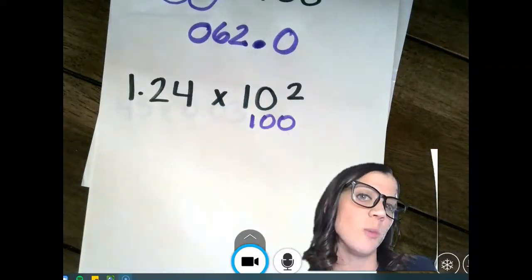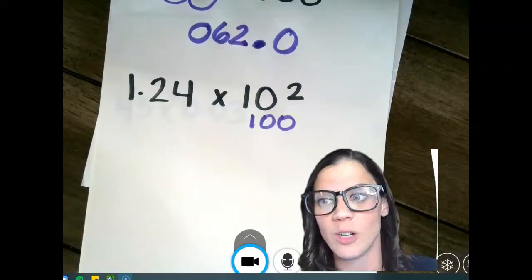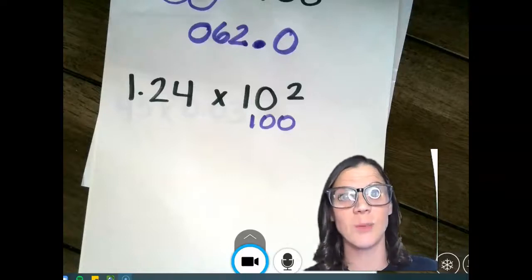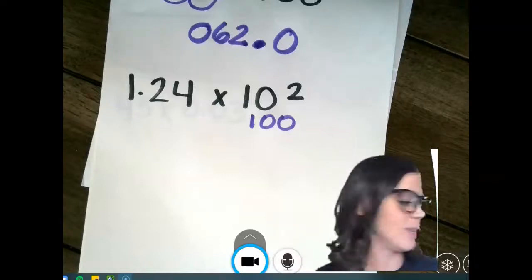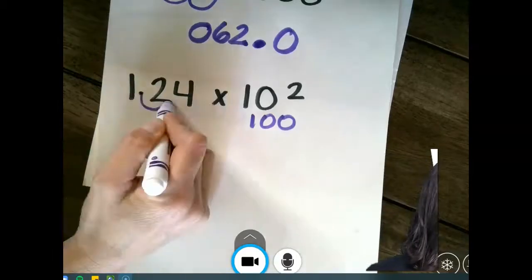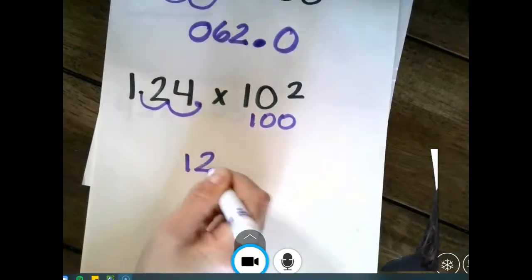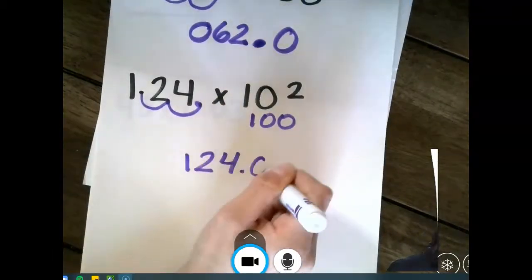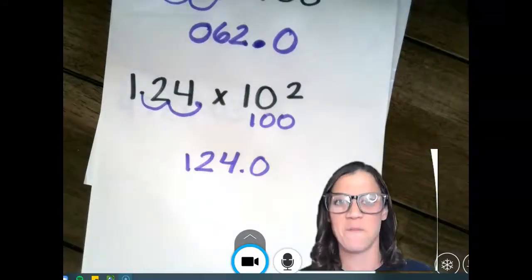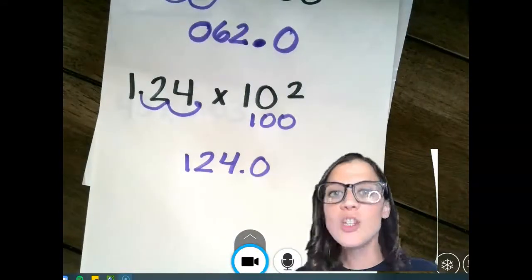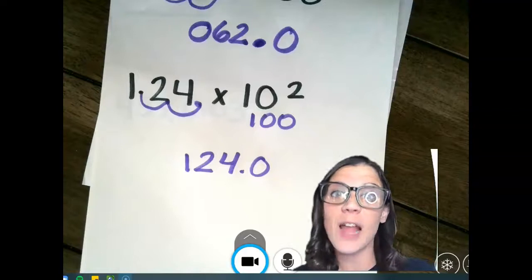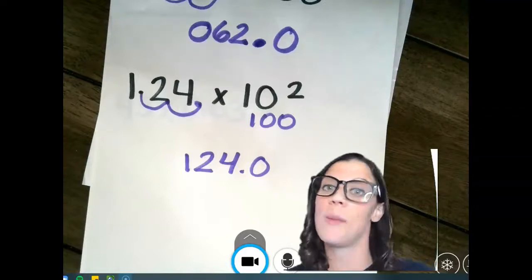So now I'm going to multiply 1 and 24 hundredths by 100. So I need to move my decimal 2 times. 1, 2. My answer would become 124.